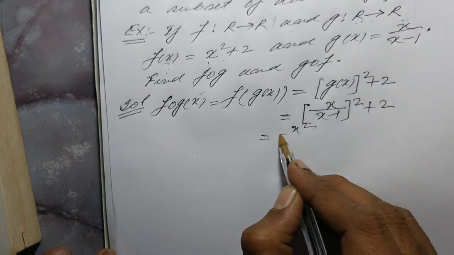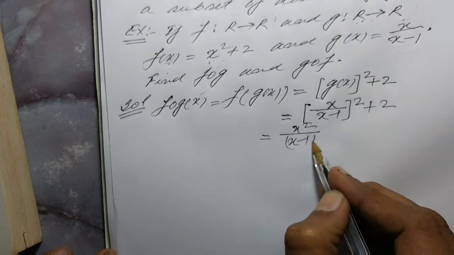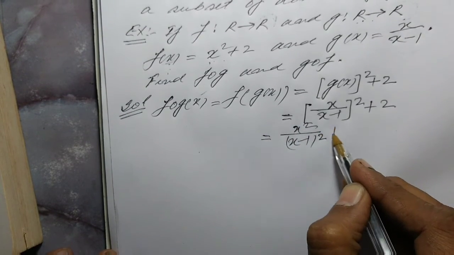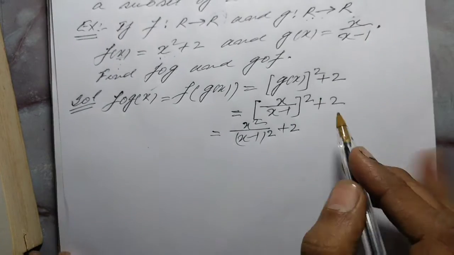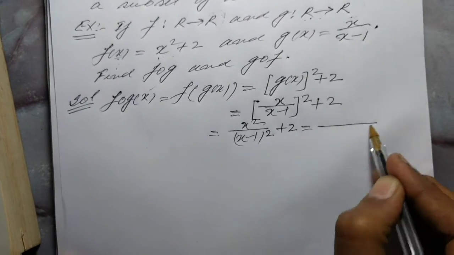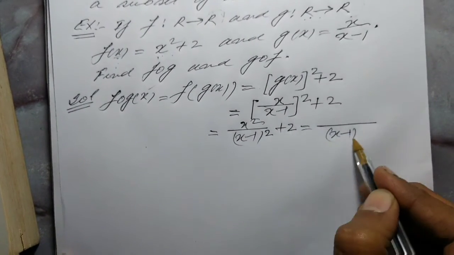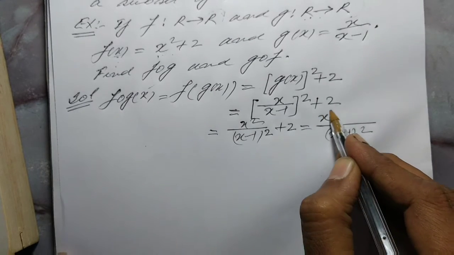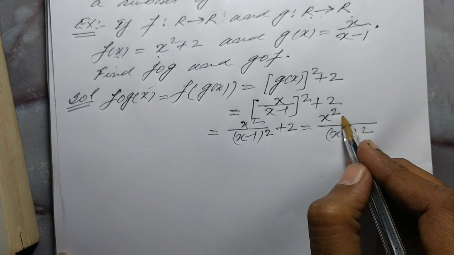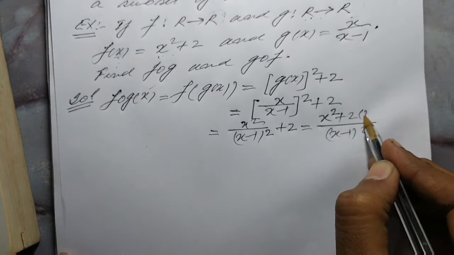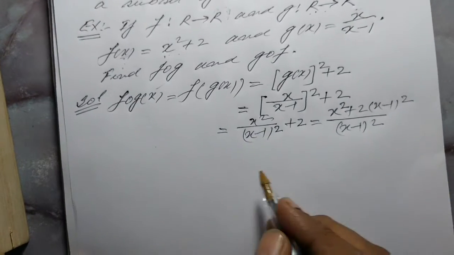x square upon x minus 1 whole square plus 2. So taking x minus 1 whole square as the LCM, in the numerator we get x square plus 2 times x minus 1 whole square.